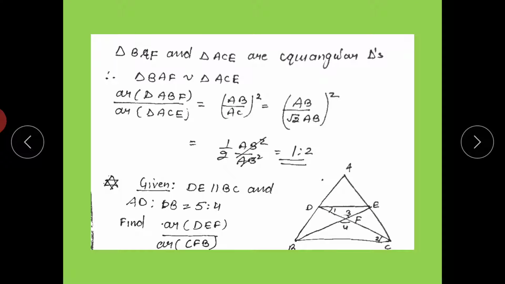What is given here: DE is parallel to BC. Since line DE is parallel to BC, DC is a transversal. So angle 1 is equal to angle 2 by alternate interior angles.